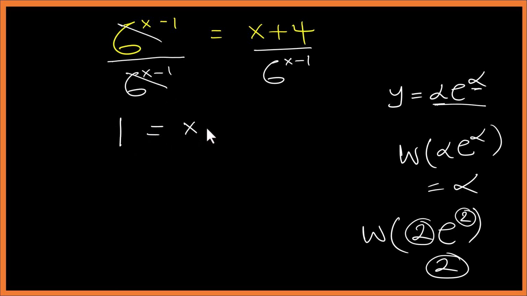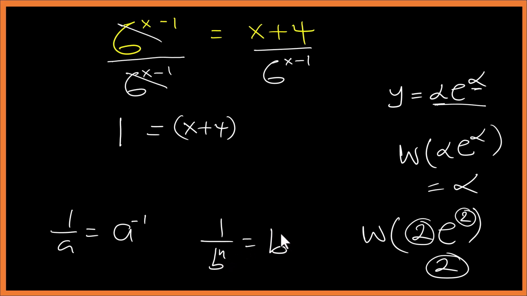So I have x plus 4 divided by this. But remember, when you have 1 over a and you want to omit the fraction, make it linear, it will be a raised to minus 1. So when we have 1 over b to the power n, it will be b to the power minus n. So this side will be 6 raised to minus x minus 1.